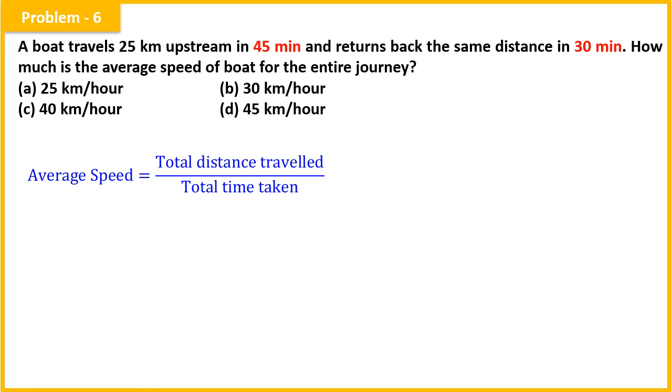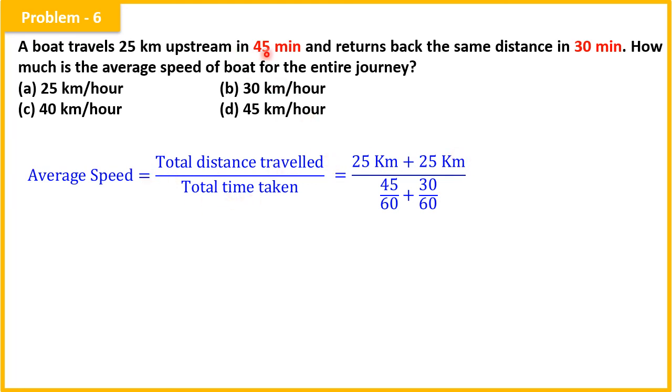Now what is the total distance traveled here? He is going 25 kilometers upstream and also returning the same distance downstream. So the total distance traveled is 25 kilometers plus 25 kilometers. So I will write in the numerator 25 plus 25. Total time taken.